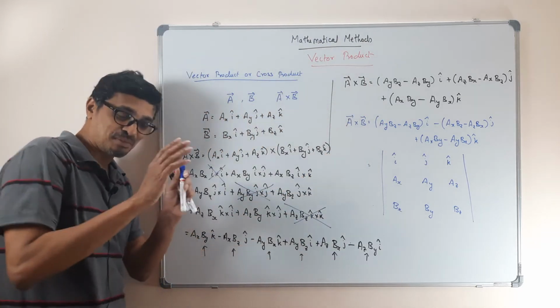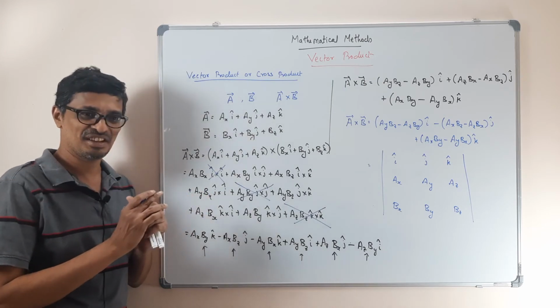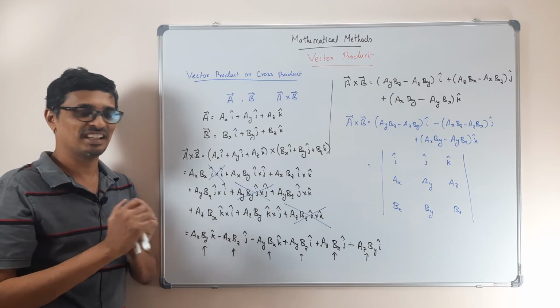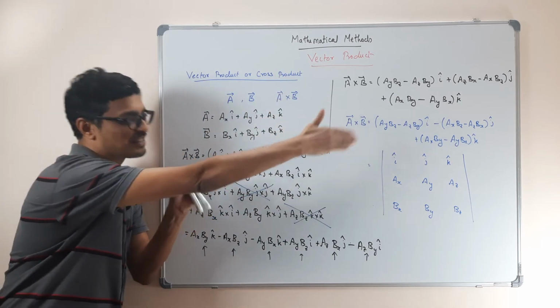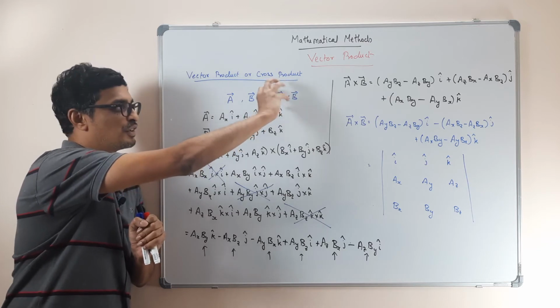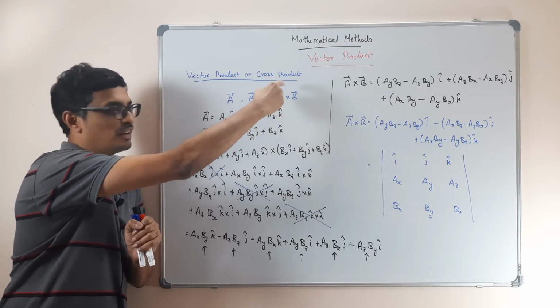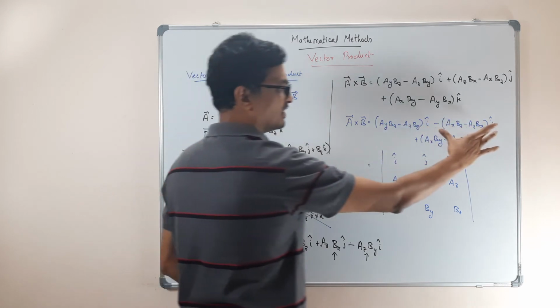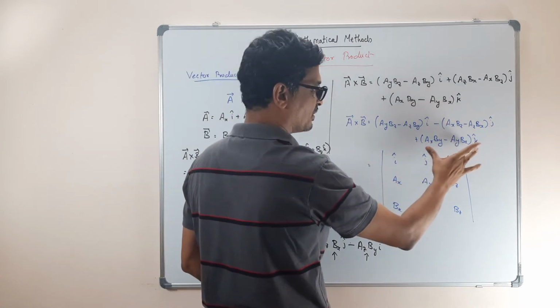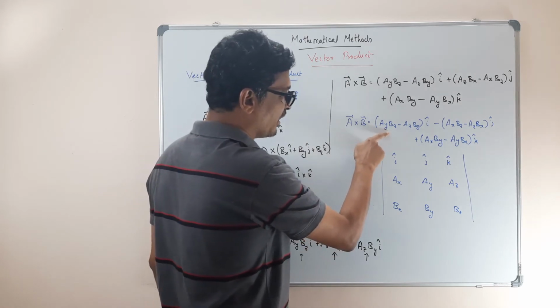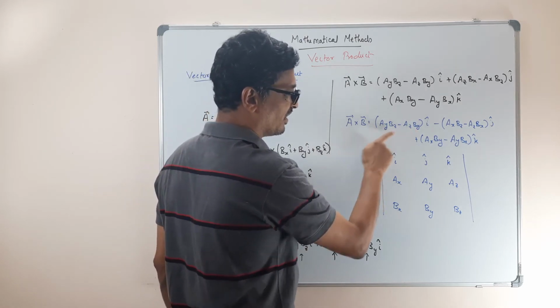So the cross product of two vectors, if you want to resolve it, is nothing but a determinant. The three-component determinants give all the three directions. When you resolve it along x, y, z, this is your x direction, this is your y direction, and this is your z direction. Interestingly, this will not have any x component at all.